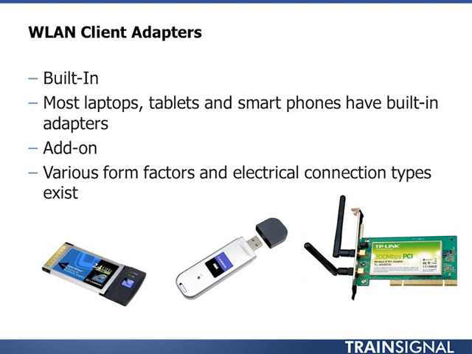It's also possible for you to buy adapters so you can add Wi-Fi to a device that's currently not wireless enabled. I recently connected my desktop on a wired connection. I have it wired in my home, but for various test reasons I decided to add a wireless adapter to it. And I bought an adapter much like you see in the middle here.